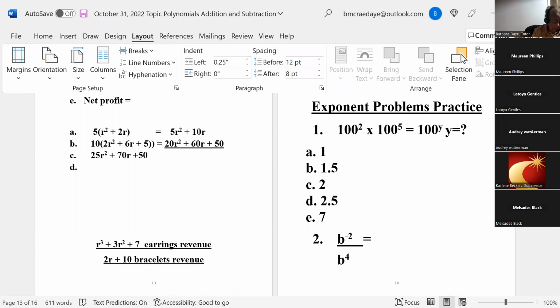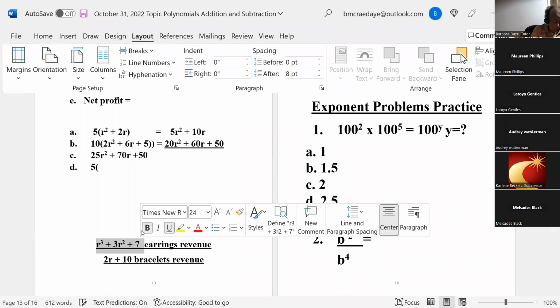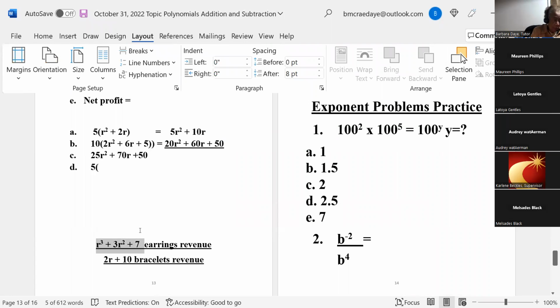Okay, so you have 5 times the earrings revenue, r to the third power plus 3r squared plus 7. Multiply that out, tell me what you get.